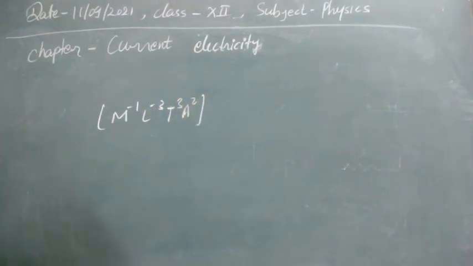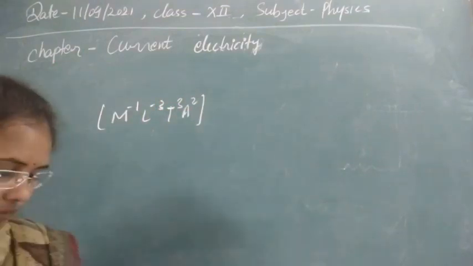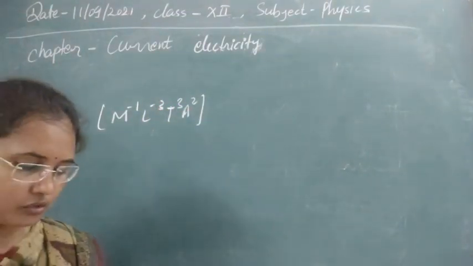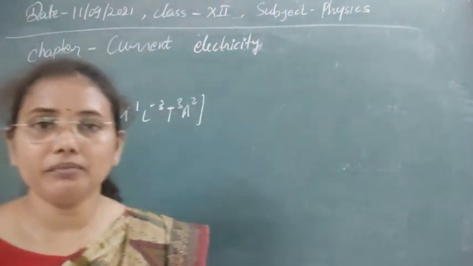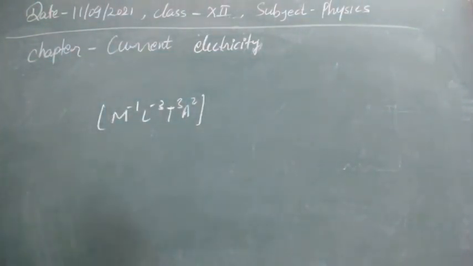We have to write down which quantity it is. So first of all, let's see which quantity the dimension can be. For this, you can convert all of it into units.